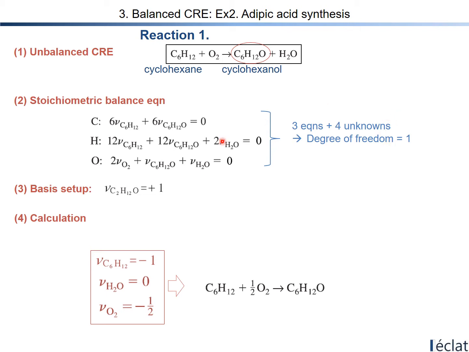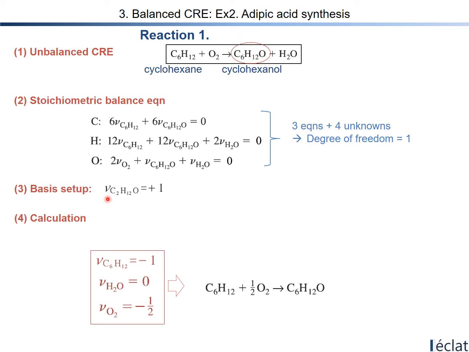So let's go to the third step, basis setup. Let me take cyclohexanol as the basis. Of course, you could set up water or oxygen or cyclohexane as the basis. So depending on you, anything's okay. But in this case, I have taken cyclohexanol as the basis.